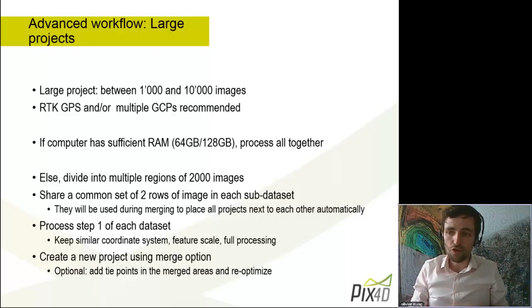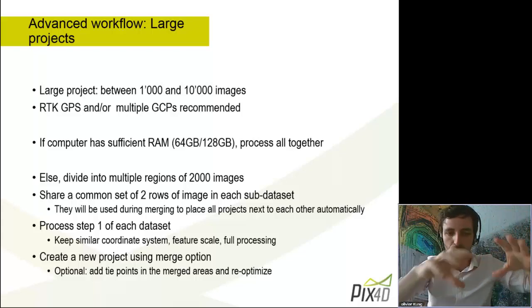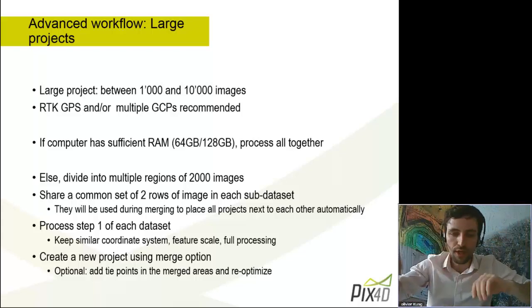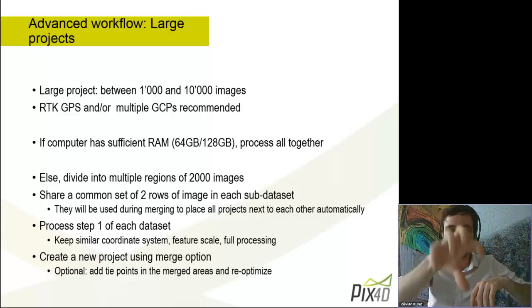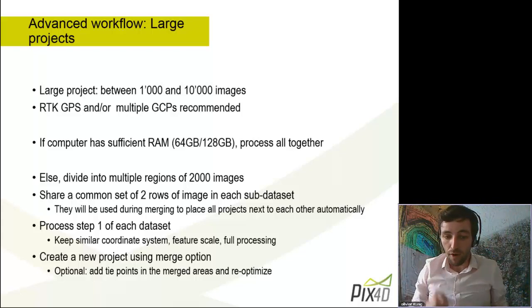The way you would divide the whole project into subsets is by making areas spatially, so if you would make a grid, each cell of the grid should have about 2,000 images. However, what's very important is that all of your sub-projects need to share a set of common images.